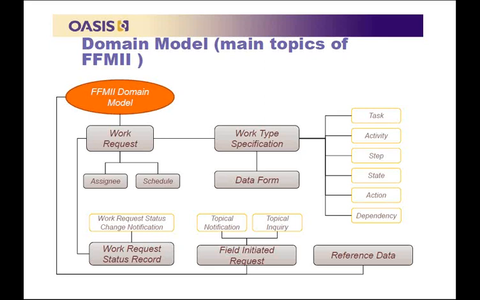Other important entities are work request status record, which records a complete history of the work request, including all updates and operations that have been performed on the work request. A field-initiated request is actually quite similar to work request, but going in the other direction. So it's a request initiated by the assignee and sent to the enterprise resource management system to perform some operation there.